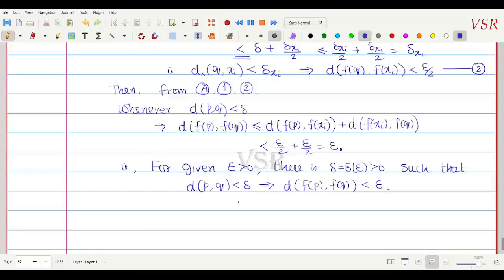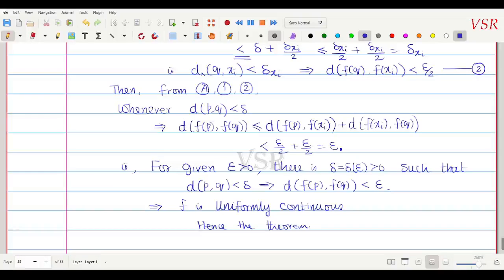This implies that f is uniformly continuous. So f is a uniformly continuous function. Hence the theorem.